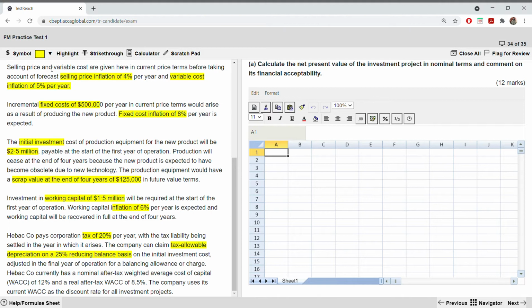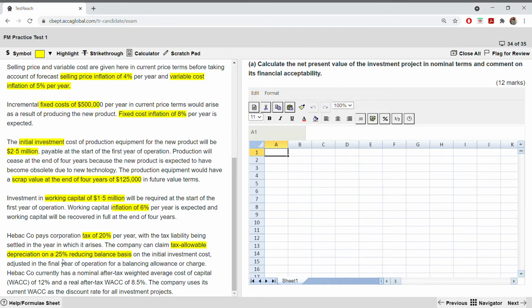There is no option to omit this. You have to know how to calculate both straight line and reducing balance basis, and how to find the balancing allowance or charge in the final year.